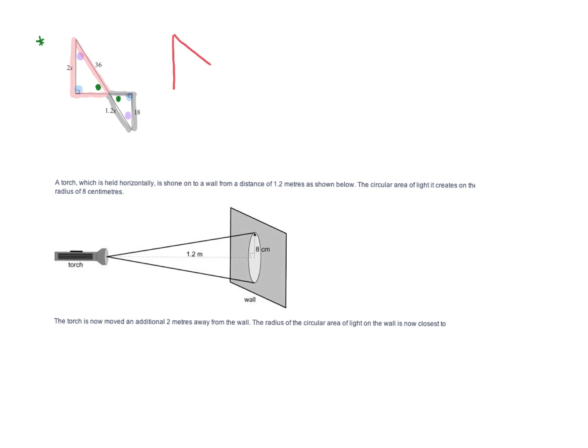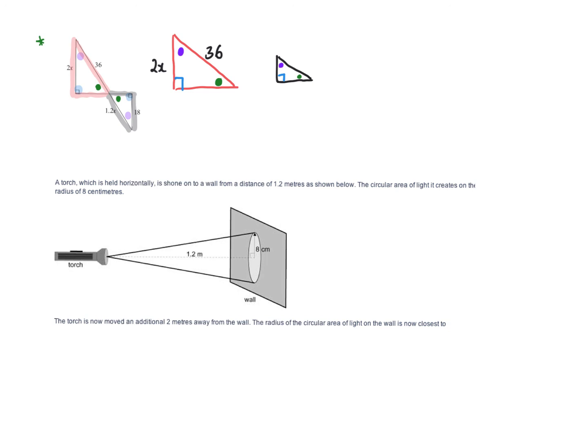So what I'm going to do is draw the red one out again, and mark those angles so that when I write the similar triangles, I'm going to draw the smaller black triangle in the same direction as the red one. So I'll draw the right angle, I'll mark in that green angle, and I'll mark in that purple angle.